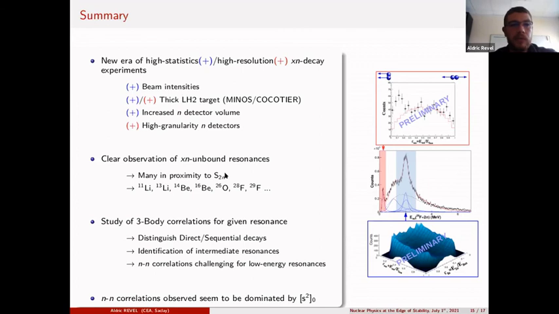But of course, one of the big questions is how to observe the other configurations, or why we don't observe them.